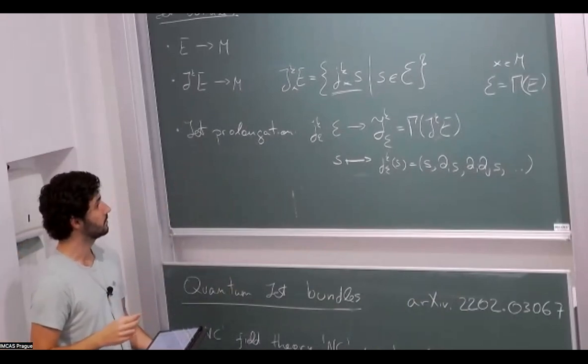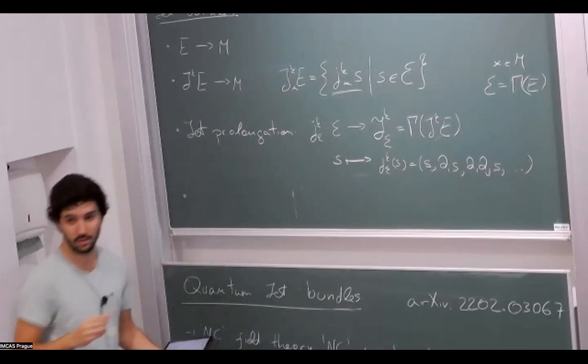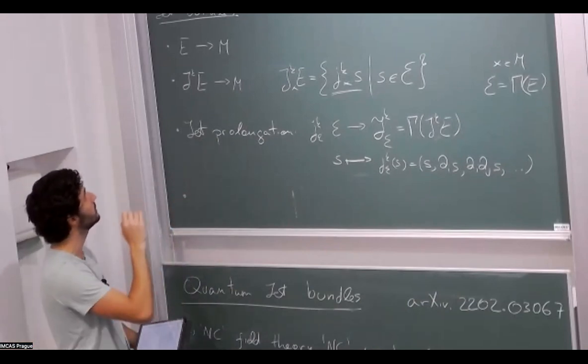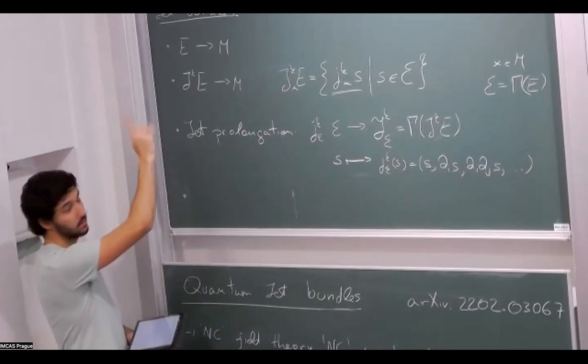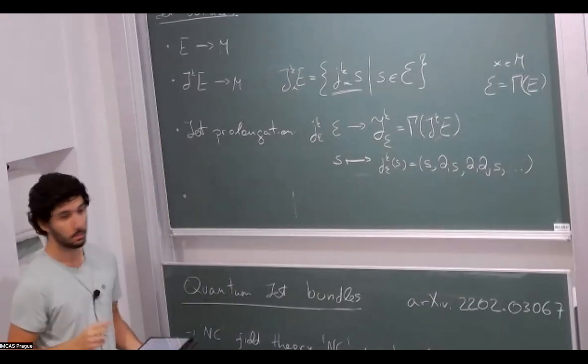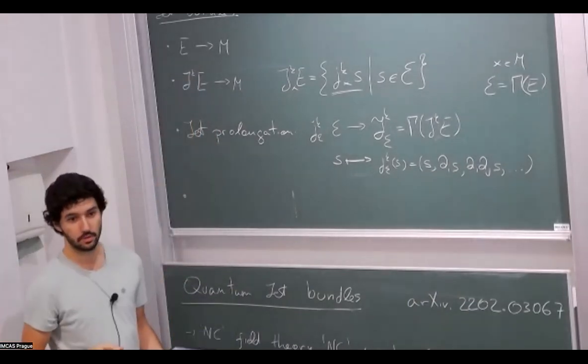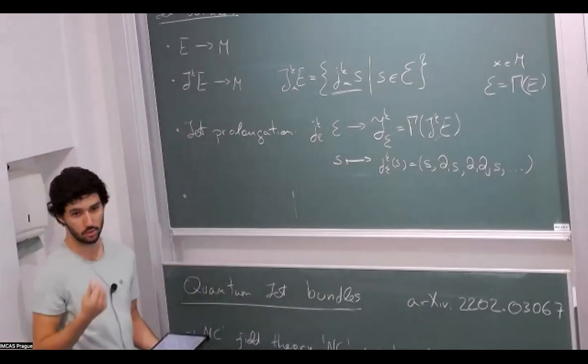Right, and as you might have guessed, I've also made this mistake while talking earlier. Here, what we want to do is look at vector bundles, because when this original bundle is a vector bundle, then this jet bundle is also a bundle.